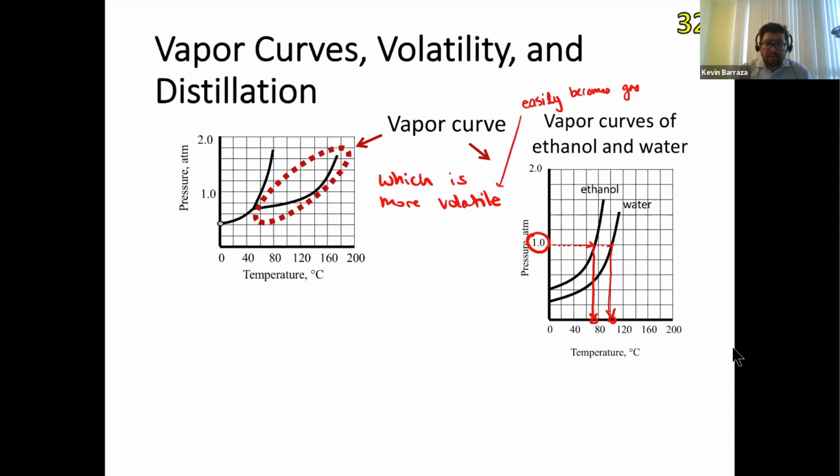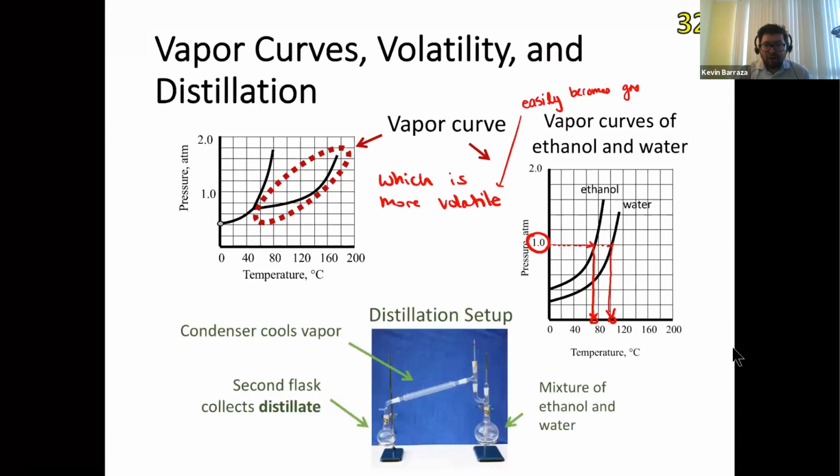And why is this important? We use it for yet another physical property that can be exploited for a physical separation. You may have heard about or maybe even had experience with distillation. This is a chemistry distillation setup. It has a few different parts. The container you see here is called a round bottom flask.